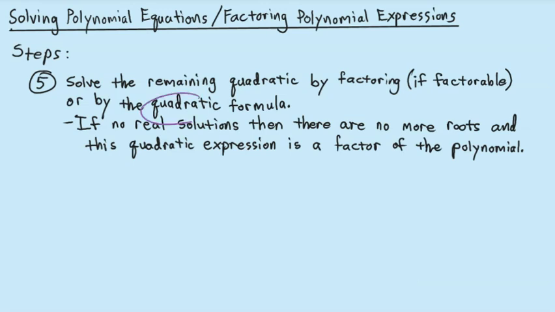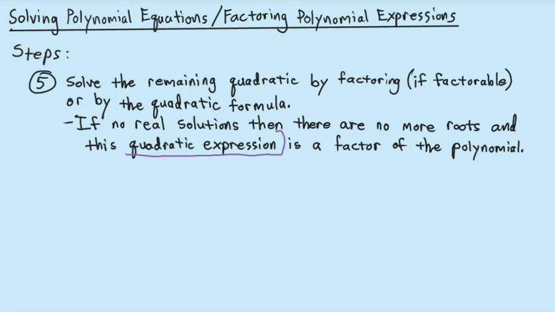One possibility is you wind up with the square root of a negative number, like the square root of negative 83. Okay, you know that if you have the square root of a negative number, that means that there are no real solutions. So if there are no real solutions, then there are no more roots. That means your list of roots is done.